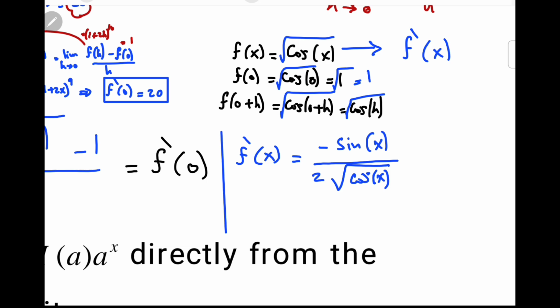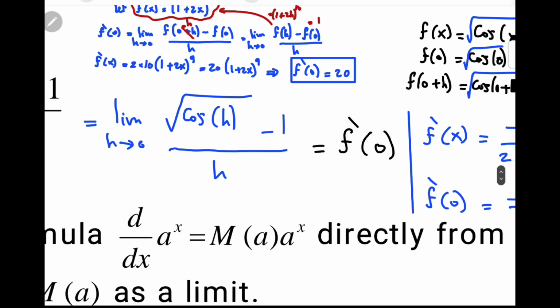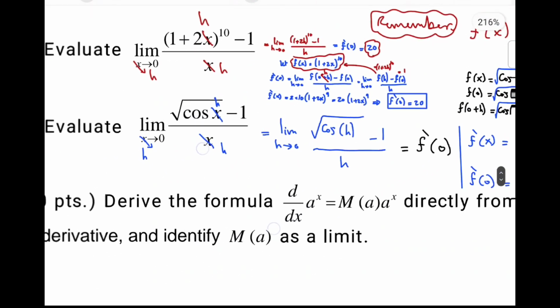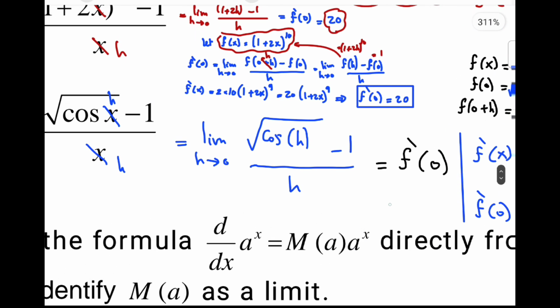And the value of the derivative at 0 is minus sine of 0 divided by 2 root cosine 0, which is 1, and that's simply equal to 0 because sine of 0 is equal to 0. So this limit is equal to 0.